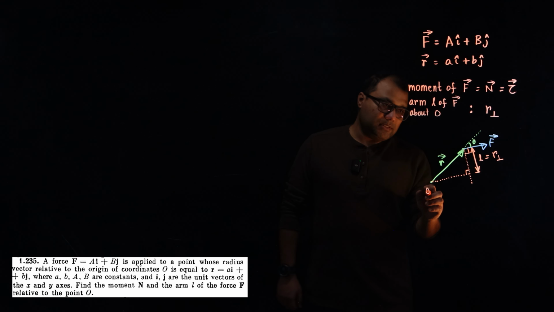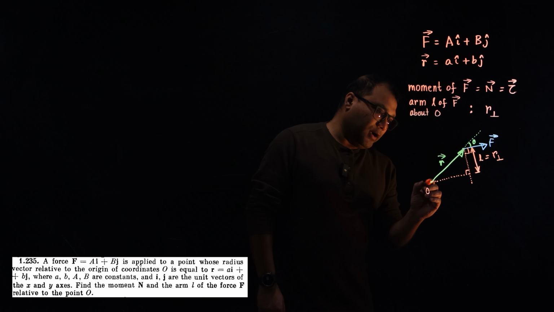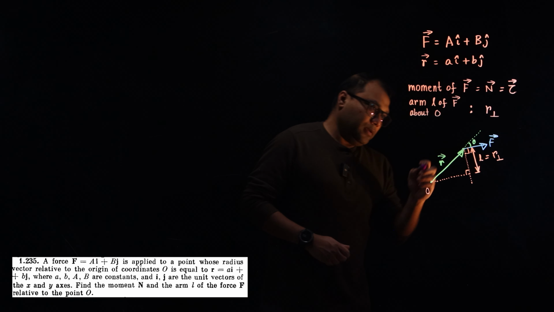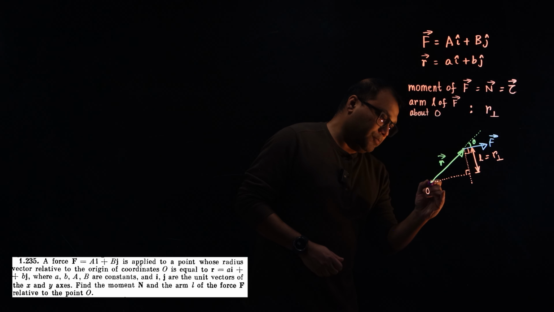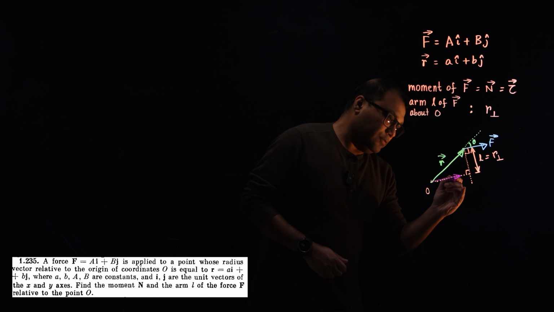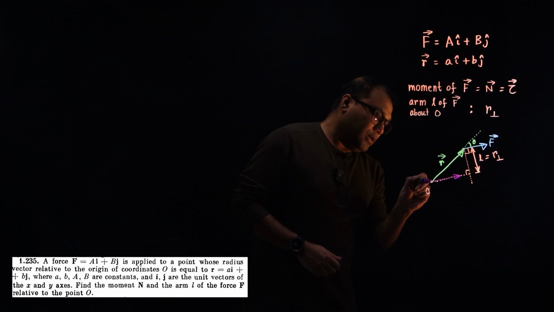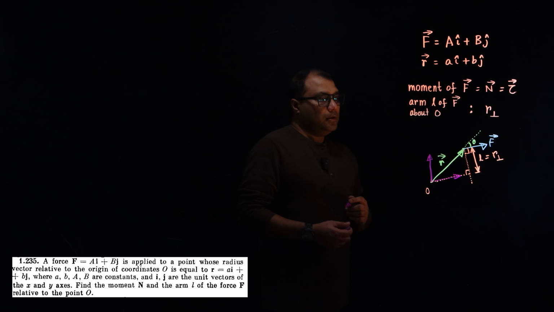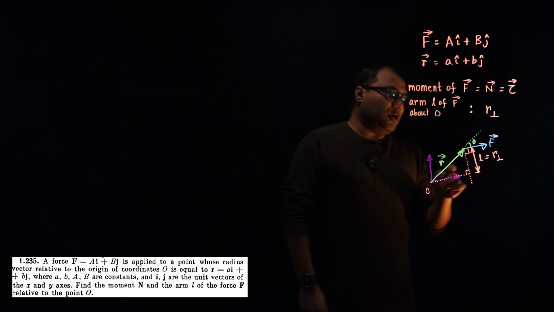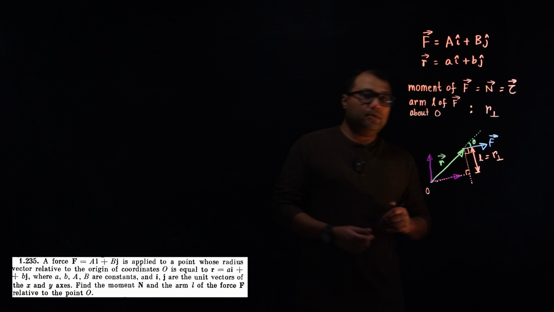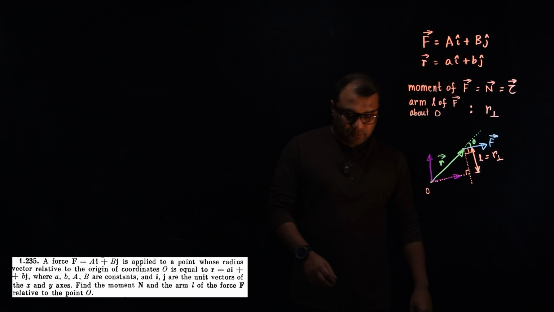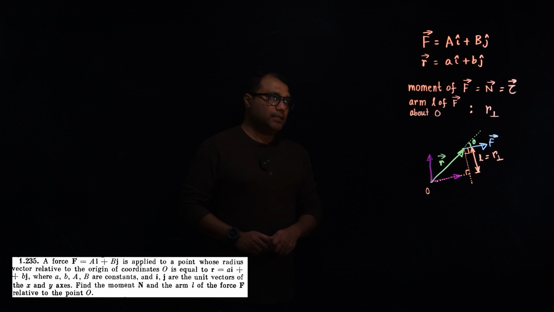Why? Because it is a component of R. If I make two components of the radius vector, one along this direction, another along this direction, the perpendicular component of R is the arm of the force about O. So that is what the question is asking.